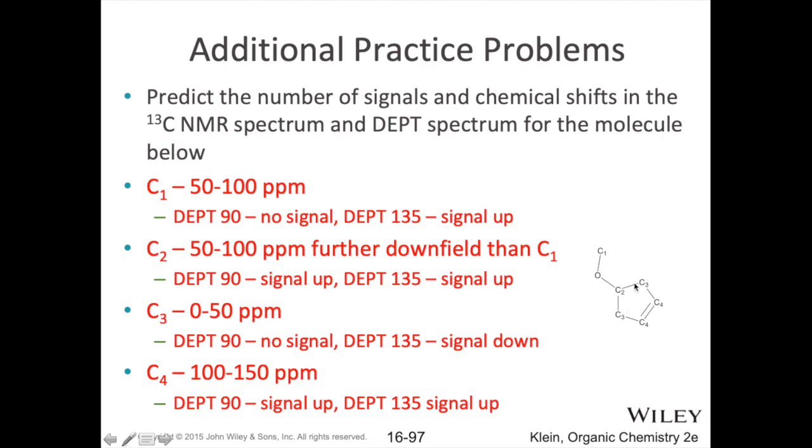Everything else disappears. With DEPT 135, everything except a quaternary carbon will show up. The only difference is that any methylene carbons like C3 would have a negative signal. The peak would be pointing downwards.